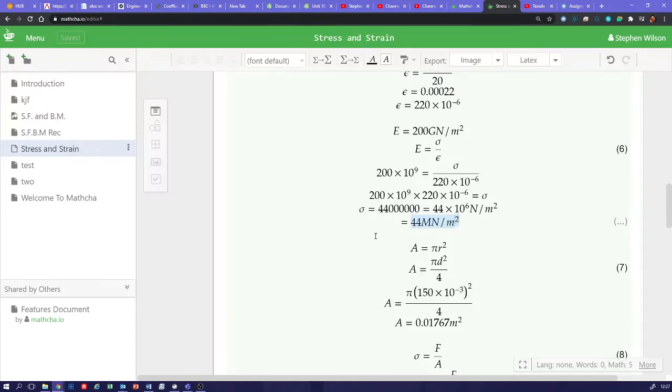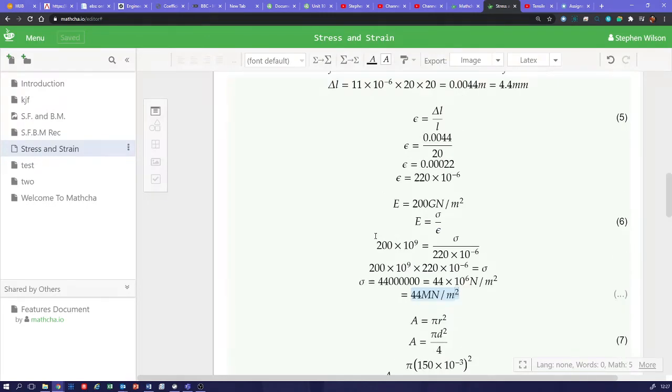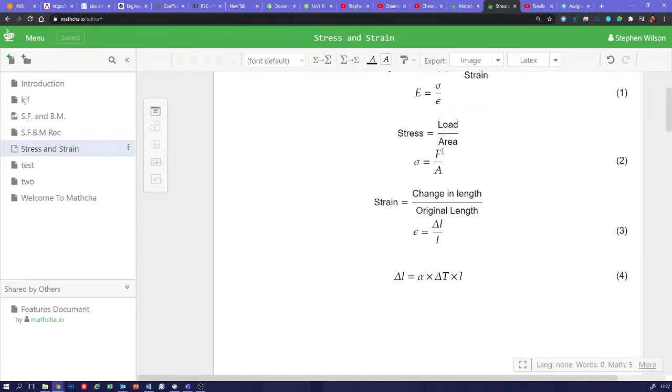So the final thing that we need then is, if we're looking for the force, which we are, then we're nearly there, aren't we? We've just found out this, and we can calculate the area because we've got the diameter, and so we can find our force.